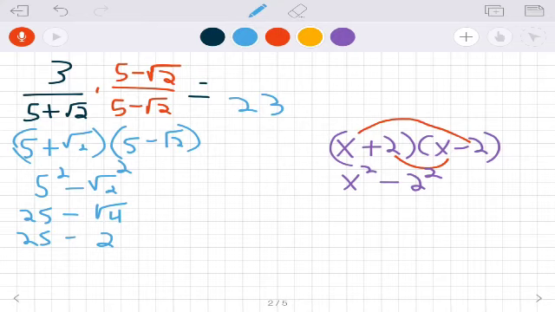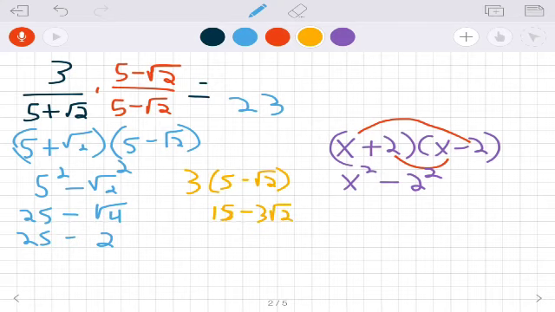Now we need to do our numerator. Our numerator is pretty simple because it's just 3 times 5 minus the square root of 2. 3 times 5 is 15, and 3 times the square root of 2 is 3 square roots of 2.